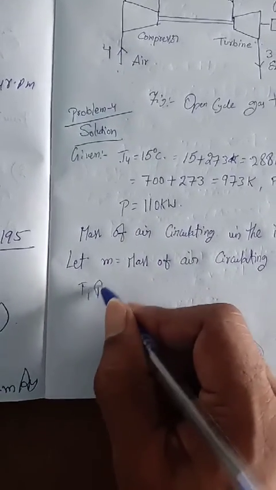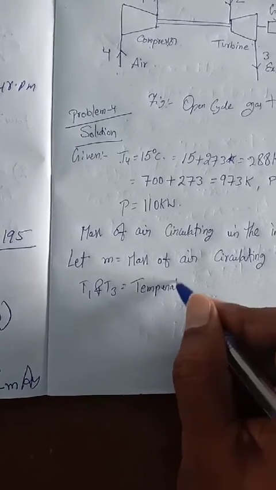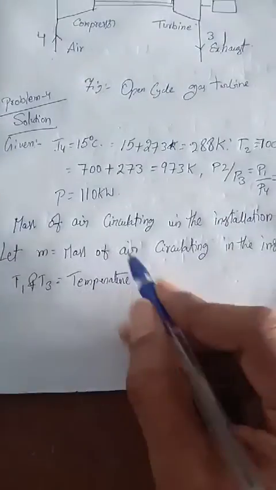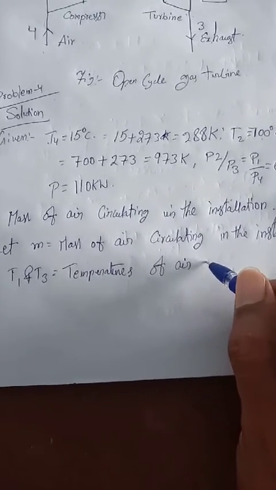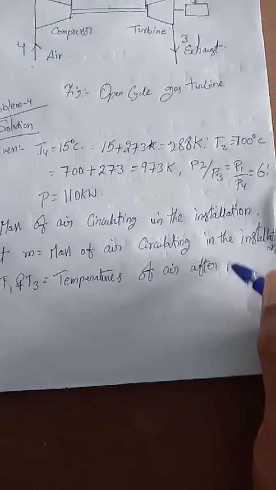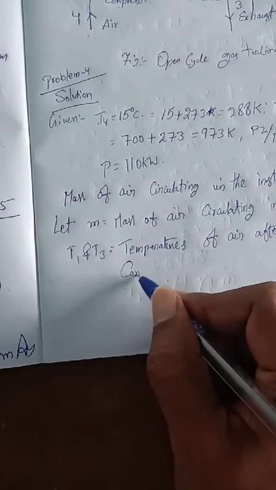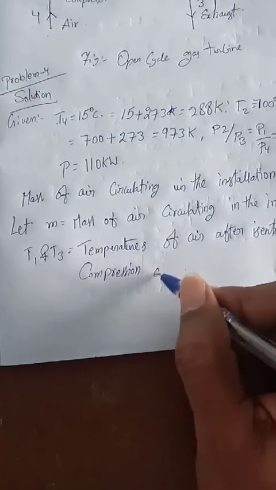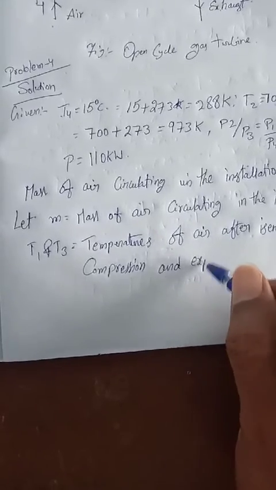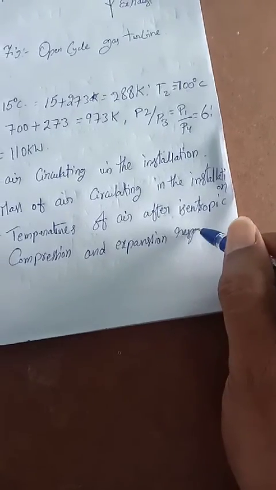T1 and T3 are the temperatures of air after isentropic compression and expansion respectively.